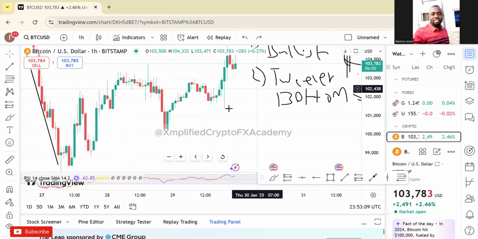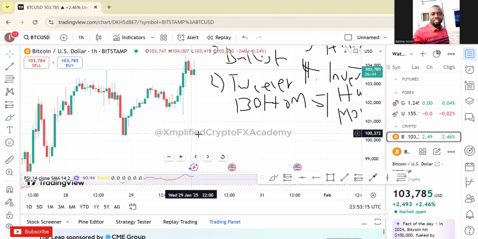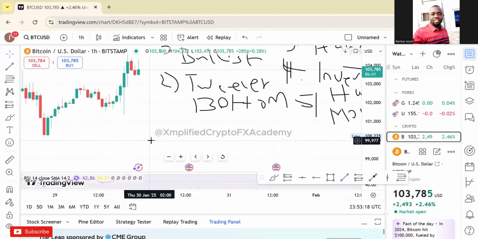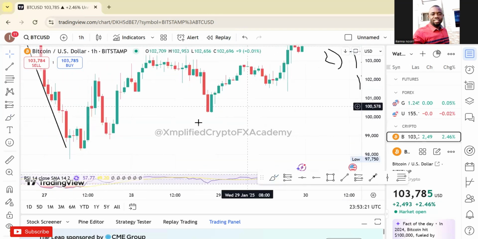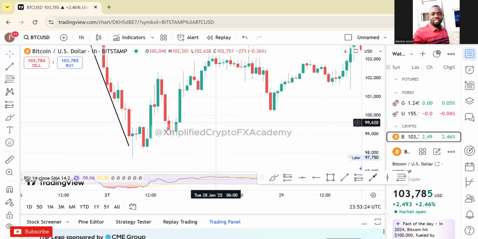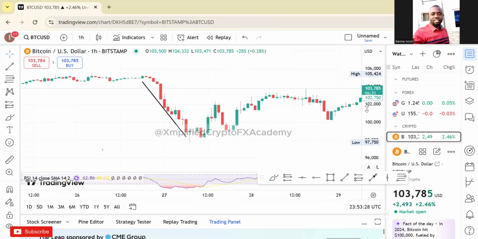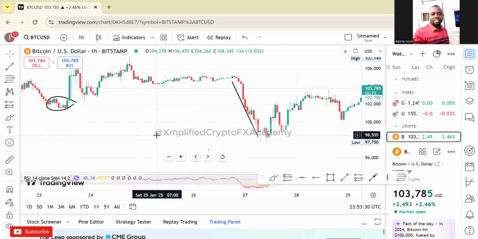Now this is a live Bitcoin trade. Now, bullish, let me pick up a bullish engulfing candle for us here. Remember that we are talking about signals that will tell us that the market is shifting from what?